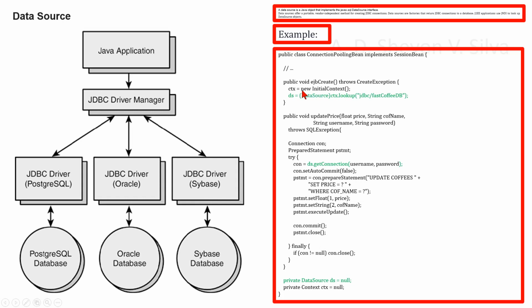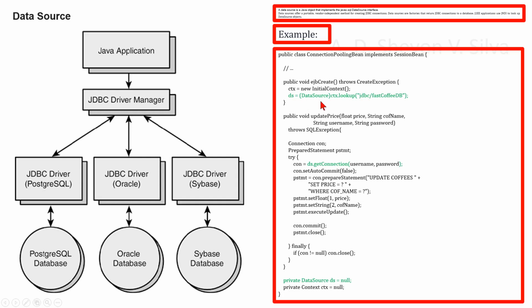When you supply the logical name jdbc/fastcoffeedb to the method lookup, the method returns the data source object that the system administrator bound to jdbc/fastcoffeedb at deployment time.